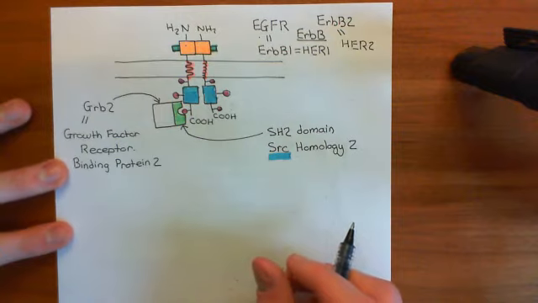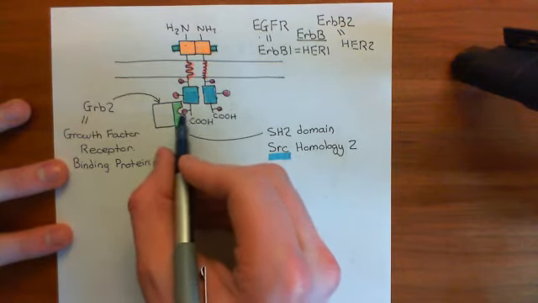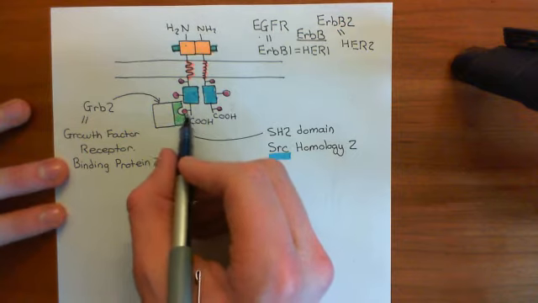So SH2 domains bind to phosphotyrosine residues. That's their special ability.